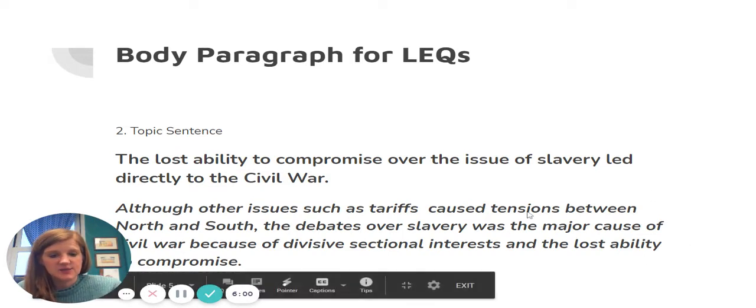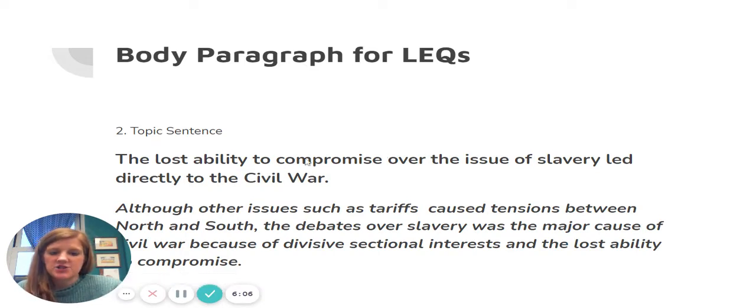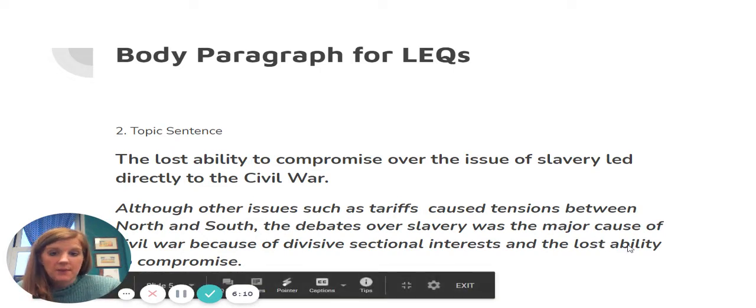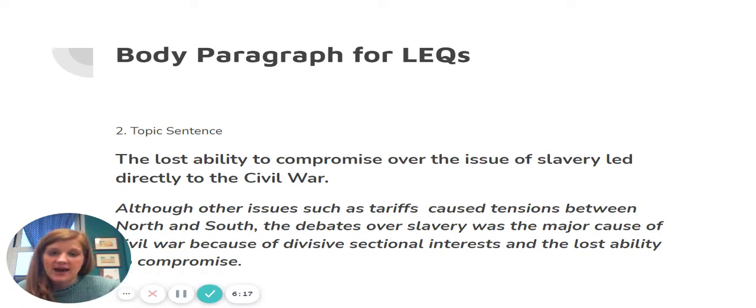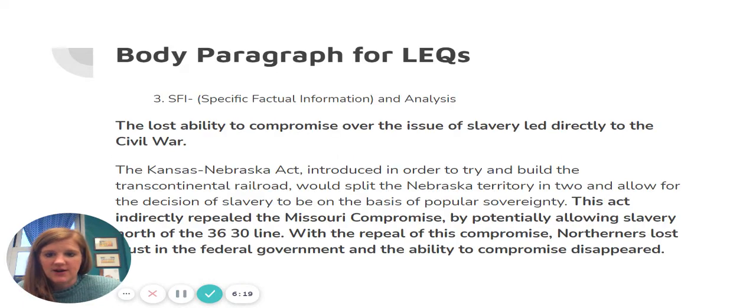So if this is my thesis, we've already looked at it, let's look at a topic sentence for a body paragraph: The lost ability to compromise over the issue of slavery led directly to the Civil War. I am literally repeating my topic and linking it back to the question. Super important to make sure that you have a topic sentence in a body paragraph.